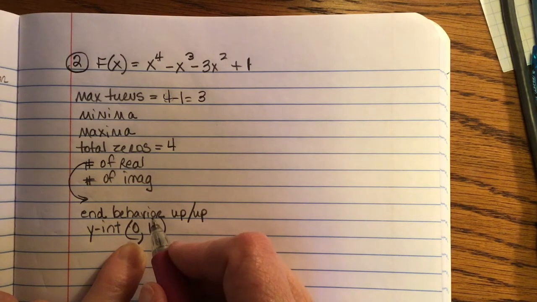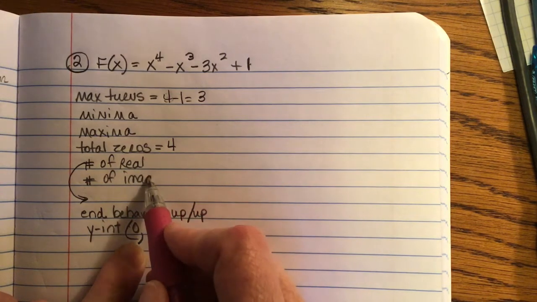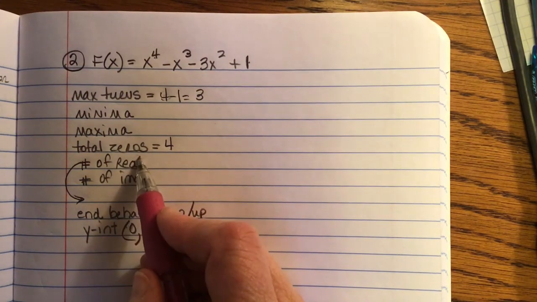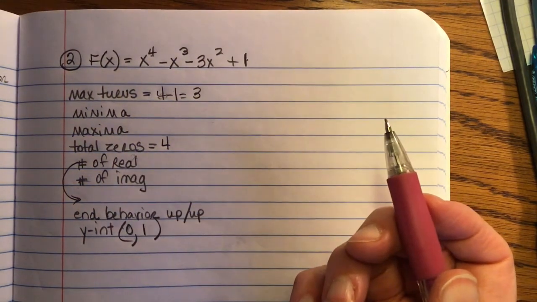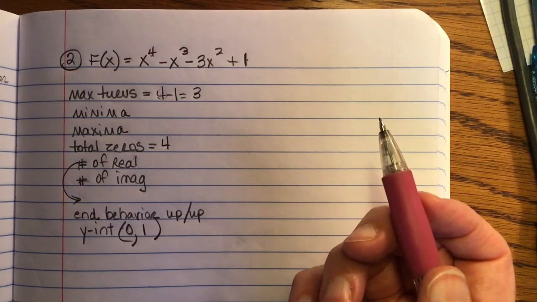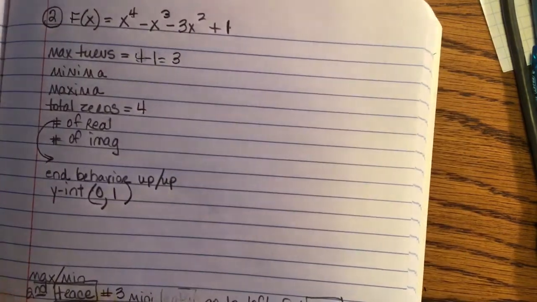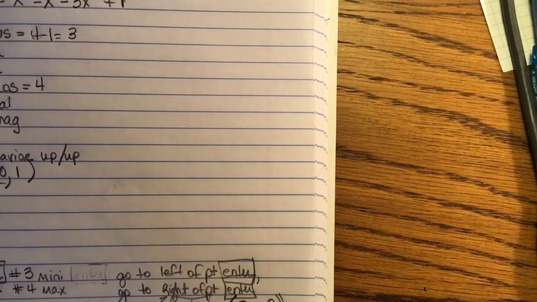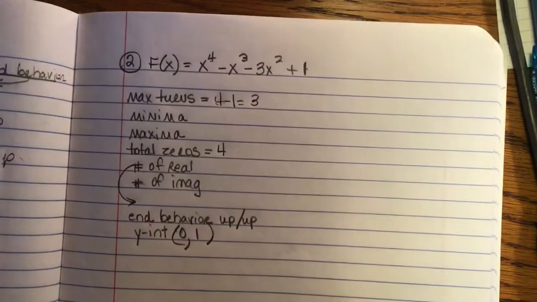I've got the number of real zeros, the number of imaginary, and then we're going to list the real zeros, and I think that's everything. Okay, so let's graph it. I cannot keep up with my graph paper. Oh, there we go.